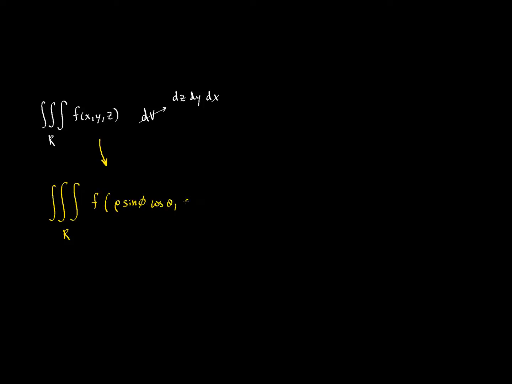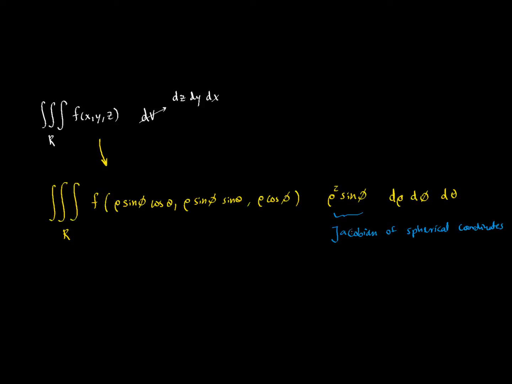Instead of y, we're going to have rho sine phi sine theta. And instead of z, we're going to have rho cosine phi. We're going to have a Jacobian that's rho squared sine phi. And then we're going to go d rho, d phi, d theta. I talk about general change of variables and why we have Jacobians in another video, so you can check this out.